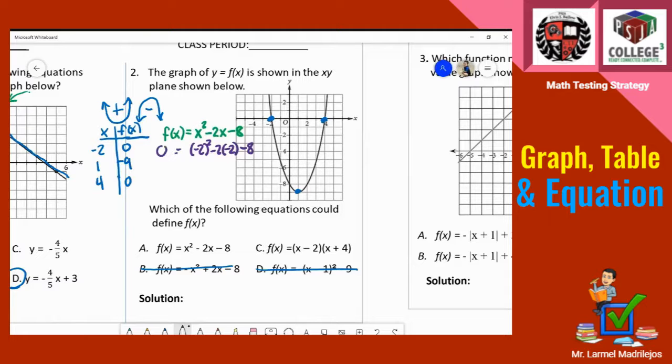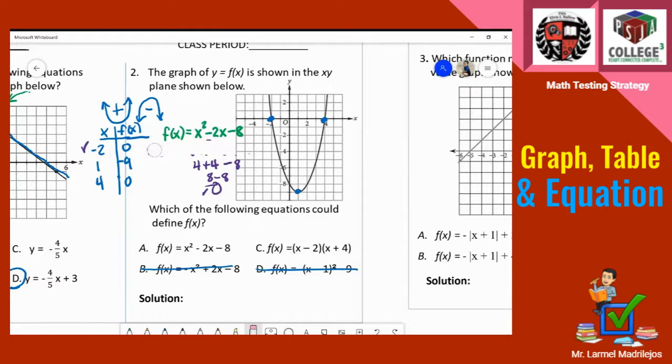Let's figure out if they are equal, as they should be if it's correct. Negative 2 times negative 2 is positive 4. Negative 2 times negative 2 is positive 4 too. Minus 8 there. 4 plus 4 is 8, minus 8 is equal to 0.